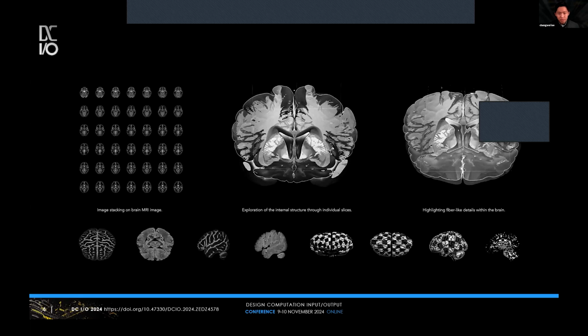The main focus inside this particular image is using Rhino, and I stacked all the brain MRI images together, and then I explored the internal structure of this brain.